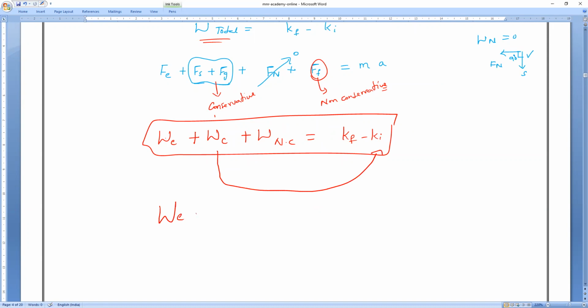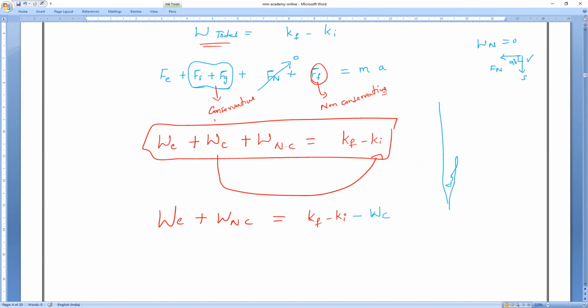So I will write work done by external force plus work done by non-conservative force is equal to final kinetic energy minus initial kinetic energy, minus work done by conservative forces. Am I right or wrong?